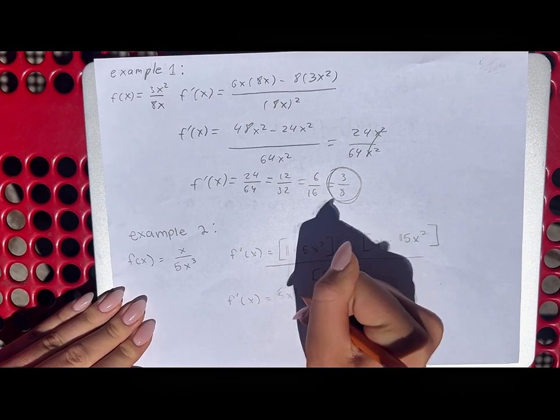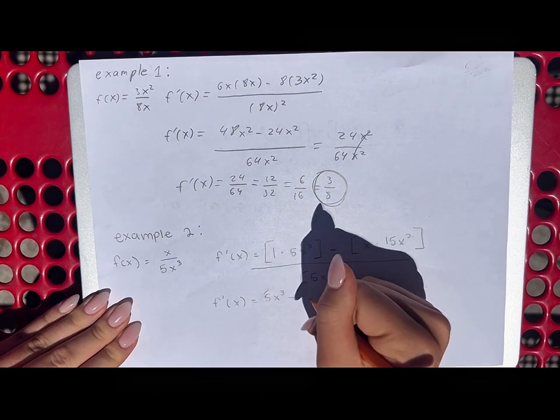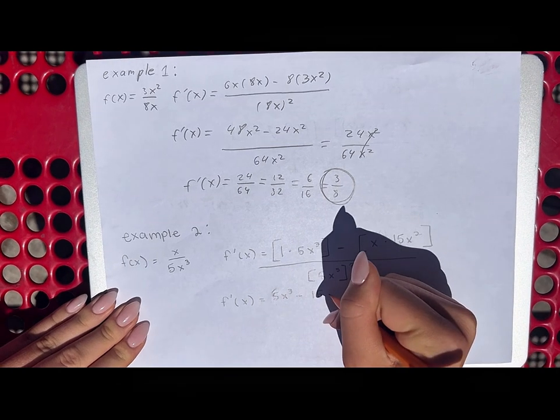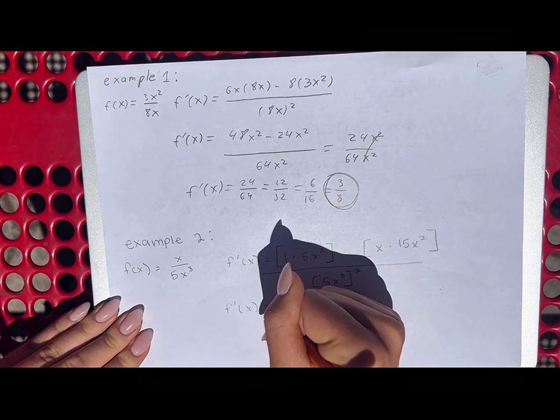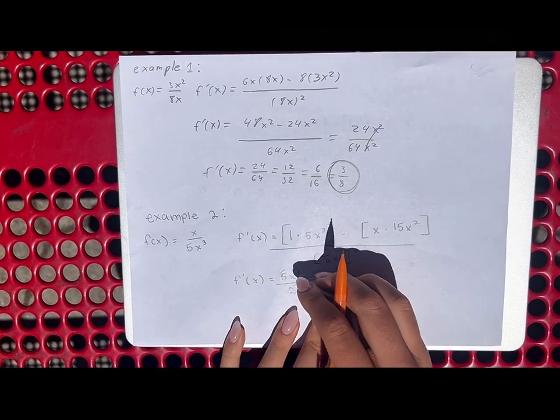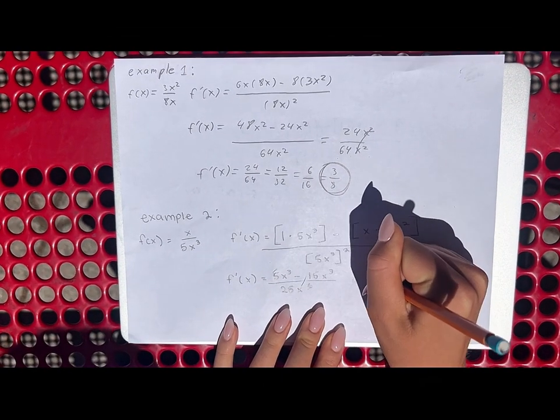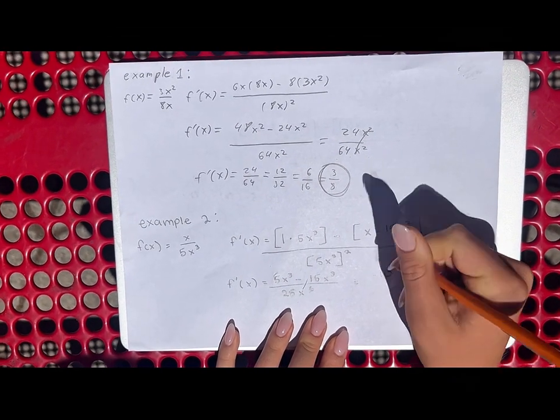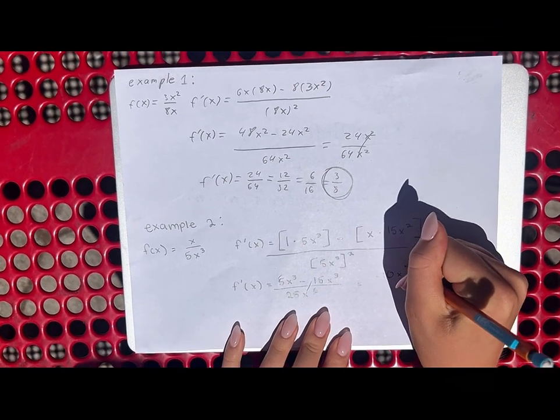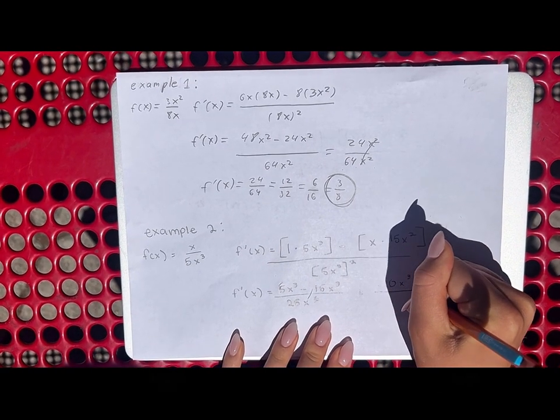So if we multiply out the top, we're going to get 5x cubed minus 15x cubed. On the bottom, we will have 25x to the 6th, because x cubed squared is x to the 6th, since 3 times 2 is 6, and 5 squared is just 25.